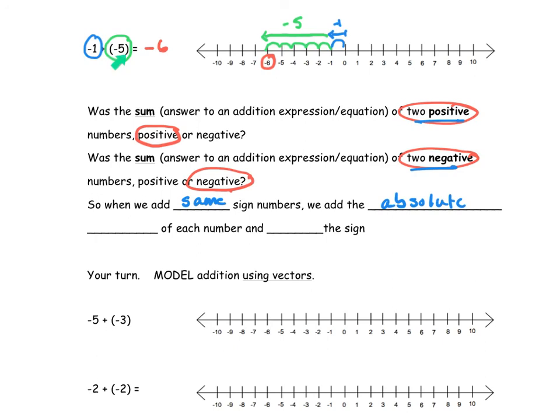The absolute value would be 6. So we're adding the absolute value of each number, and you're also hopefully going to notice that we kept the sign. So 2 negatives or 2 positives, whatever type of numbers we used, we keep the sign.